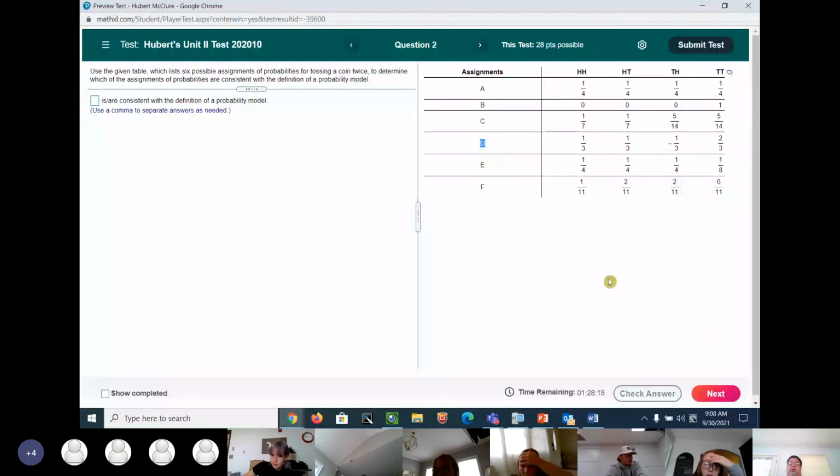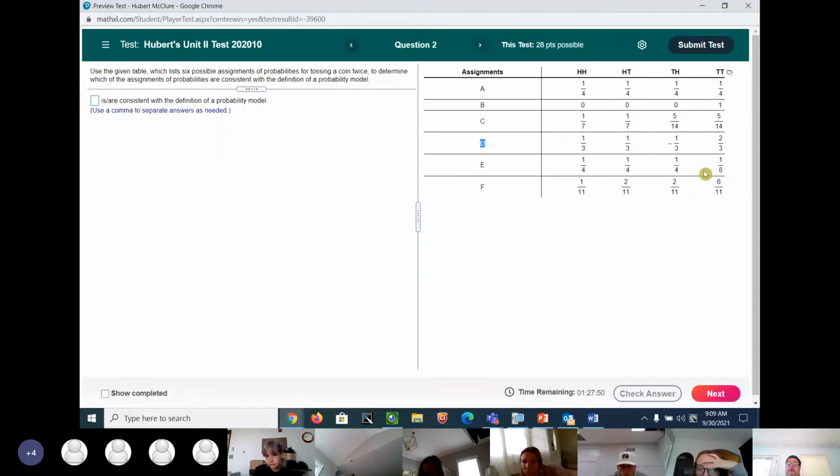All right, I think there's one more. I'm looking myself. I'm figuring them up in my head. 14, that'll be 2 14ths and 2 14ths. 5 and 5, that one's okay. This right here would be 2 8ths, 2 8ths, 2 8ths.